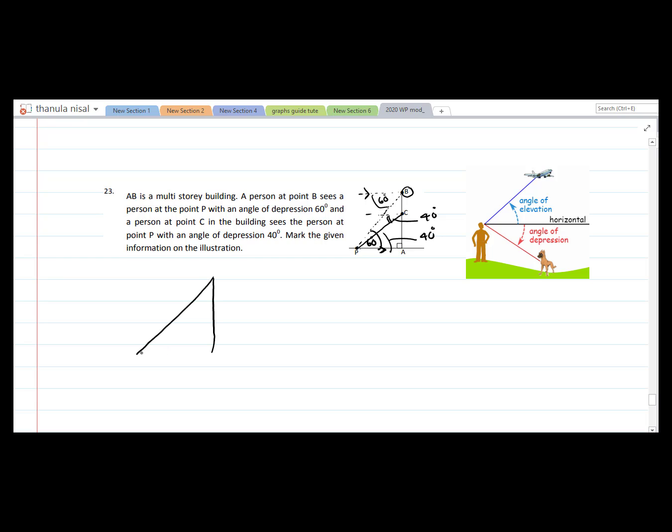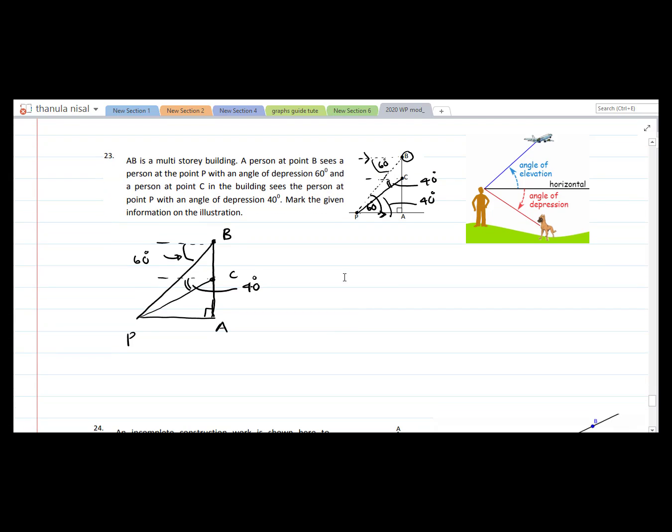According to the concepts of angle of depression, you don't need to mark these angles here. Now I am going to show you point B, point A, point P. You just want to mark this angle and name it as 60. Same way, mark this angle and label it as 40. These are the facts they are asking to do.